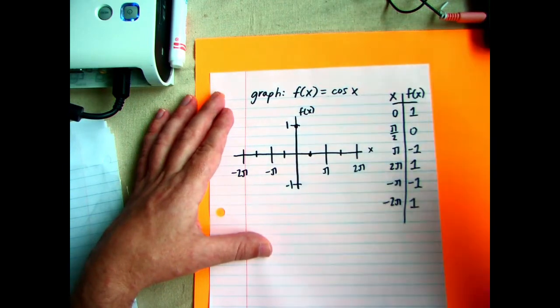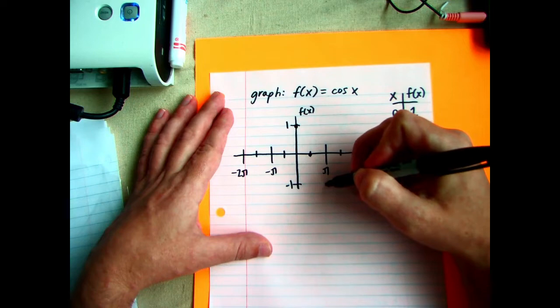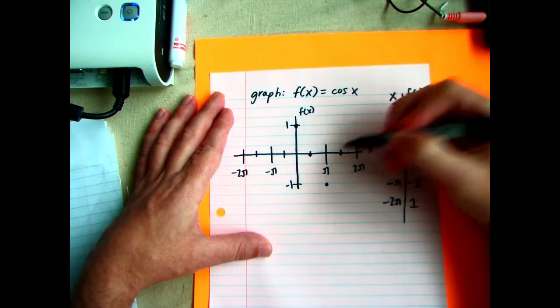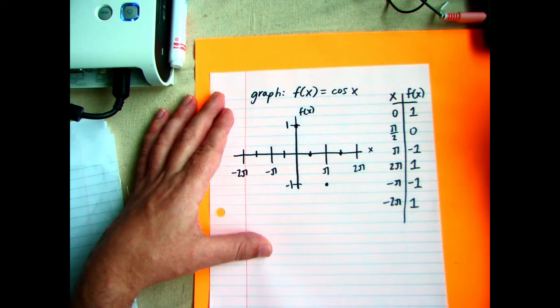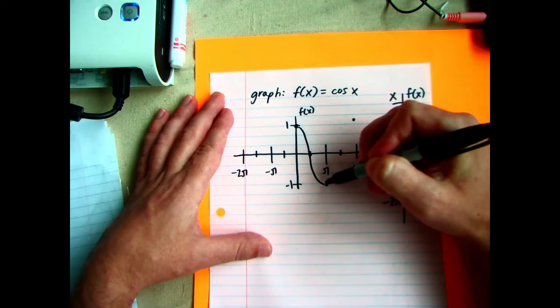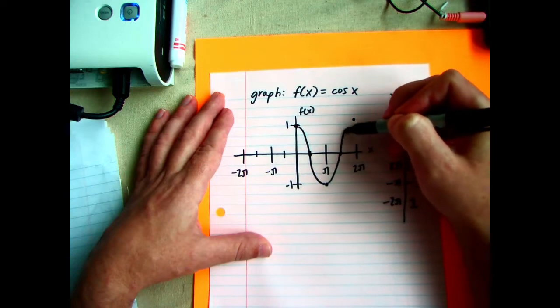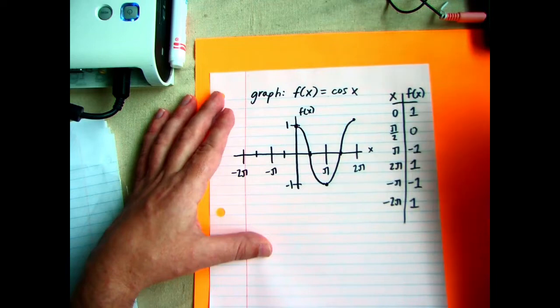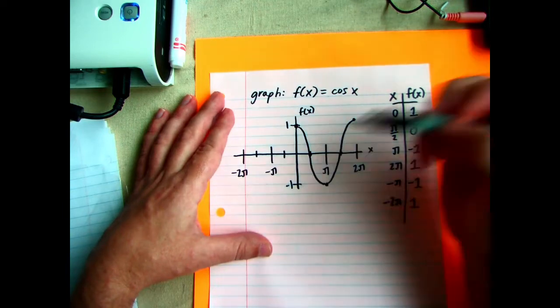So if I plot these points, we can plot them on my graph here, and we're going to end up connecting the dots. And just like the sine graph, it is going to have a wave feature to it.